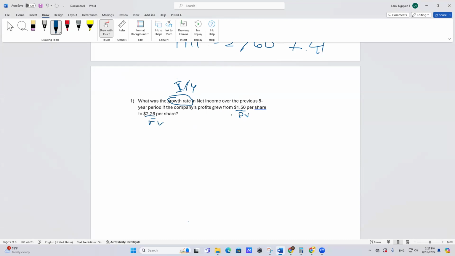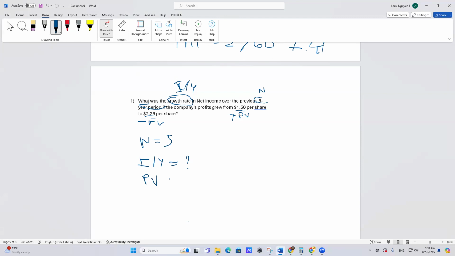Remember the rule. If you put this positive, remember to put this negative. What does it ask for? Okay, it also says that it's 5 years, right? So this is N. So you have N equal 5 periods. I/Y is something that you have to find.